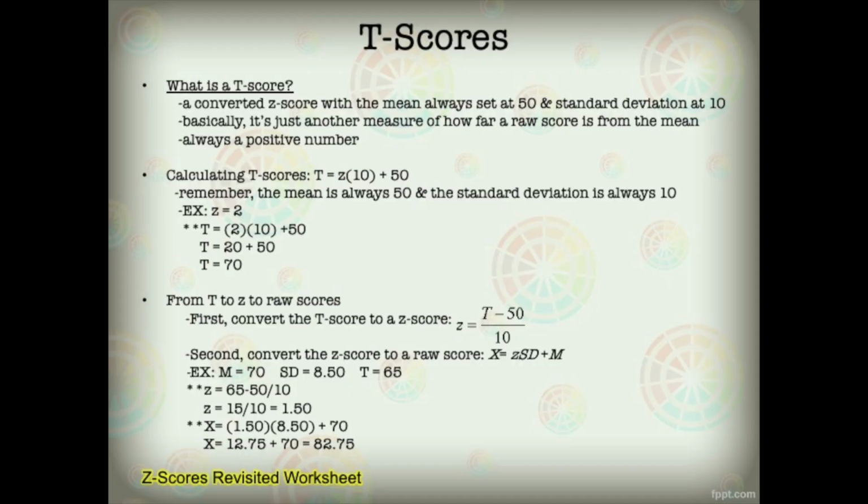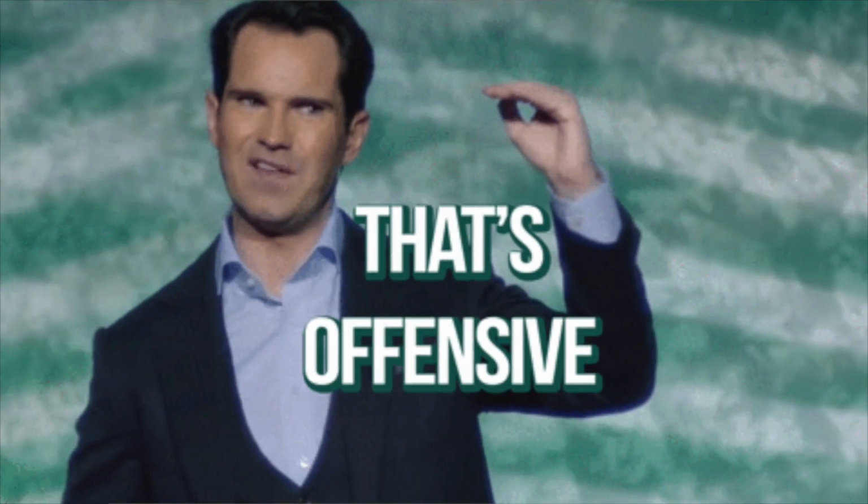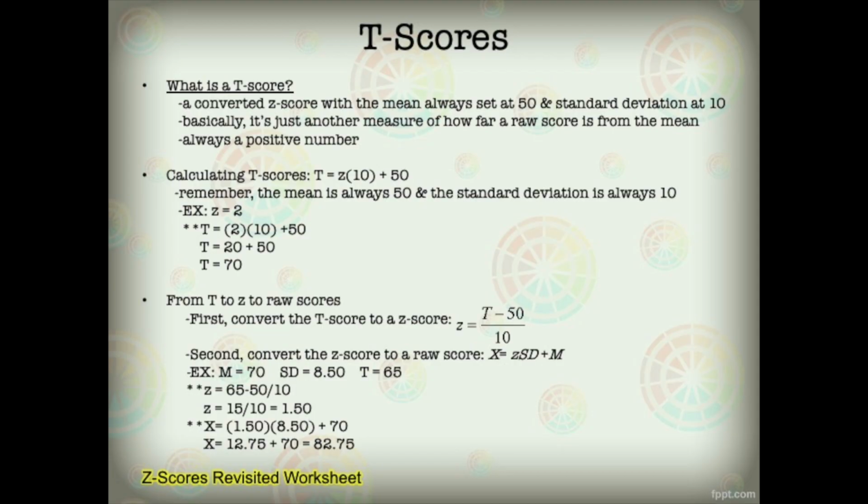It also makes it a little bit easier to understand because people are kind of put off by negatives sometimes. So you could just put t-scores in your toolbox as an option. If you ever need to report a negative z-score and don't want to offend somebody, just grab that t-score and transform that negative z.